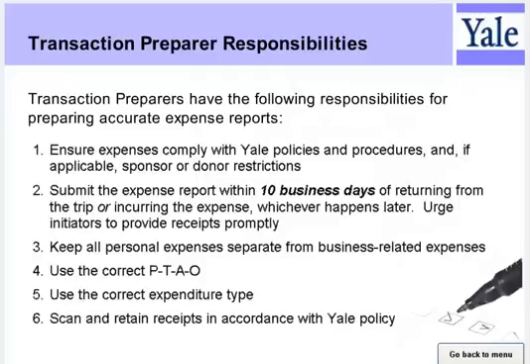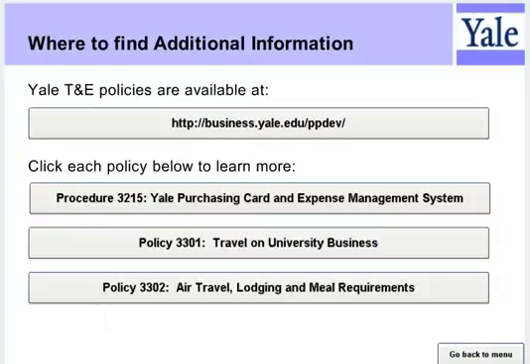In addition, you will need to keep all personal expenses separate from business-related expenses. Be sure to use the correct PATAO and expenditure type. Finally, scan or fax the receipts and retain them in accordance with Yale policy. To learn more details about the key changes, click on the policies below.